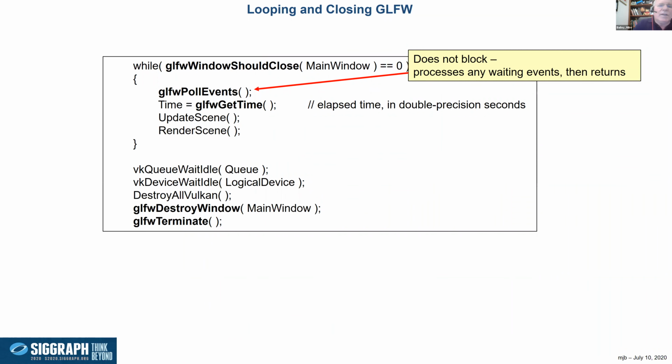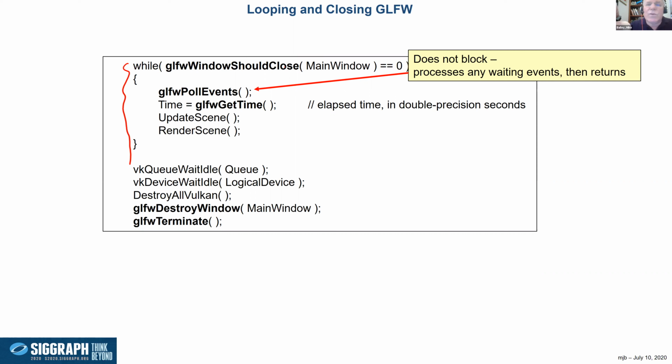This is the inner loop for GLFW. There's a function that says, should the window close? Yes or no, 1 or 0. And if, say, you've hit the X in the upper right corner of the window, this would come back and say, yes, you should close.